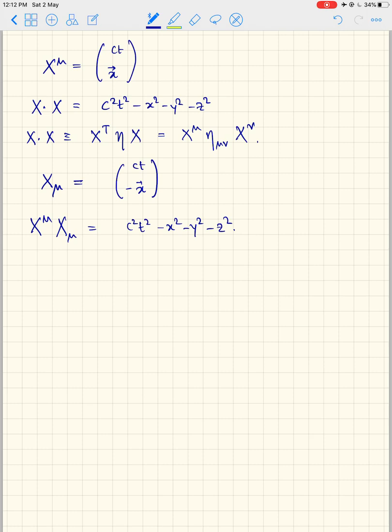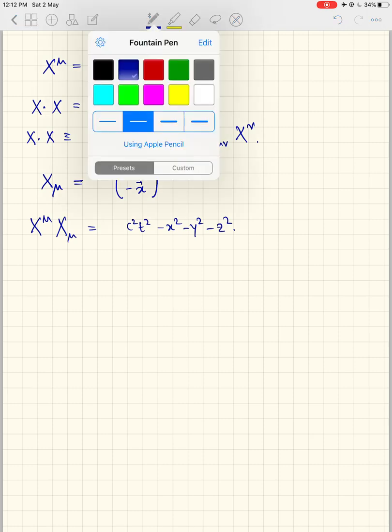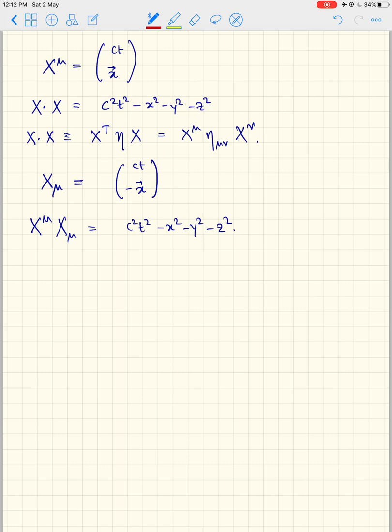In a sense, we are just going to call this guy equal to some x mu. So you can lower the index of an upper indexed thing by acting on it with eta mu nu.